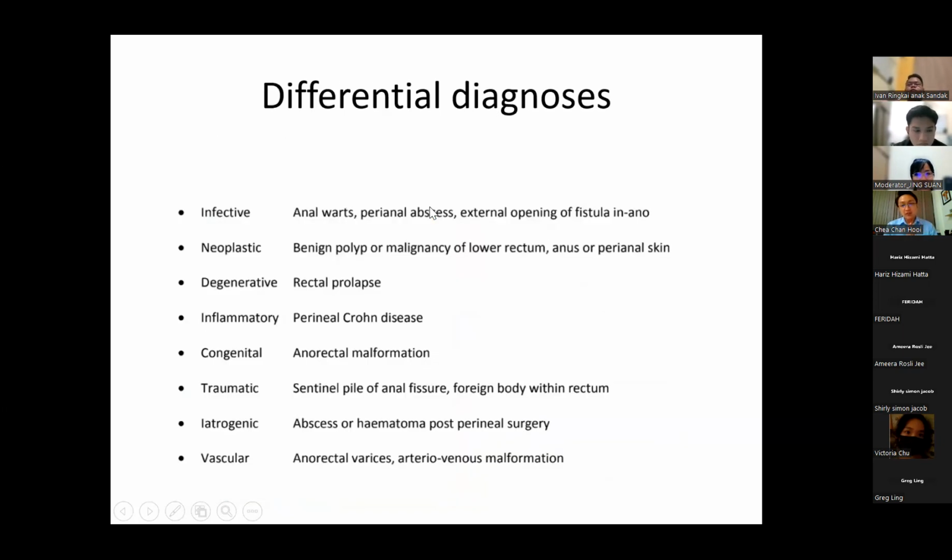And I think it's very important to keep in mind when a patient presents with rectal bleeding from the rectum, or they have some form of pain or mass protruding from the rectum, because not all patients with these complaints have hemorrhoids.